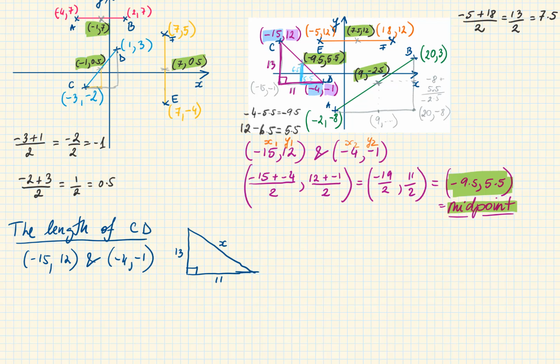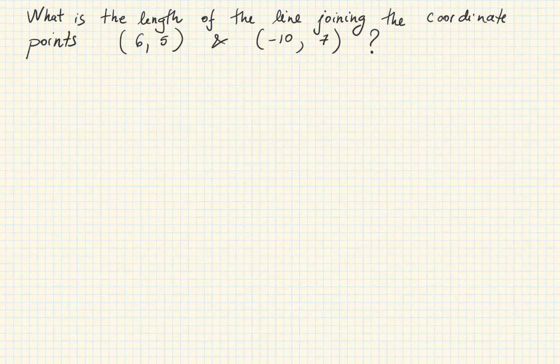To work out the x, all we have to do is use Pythagoras' theorem. X squared is equal to 13 squared plus 11 squared. X is equal to the square root of 13 squared plus 11 squared. This will give us 169 plus 121, which is 17.03 to 2 decimal places.